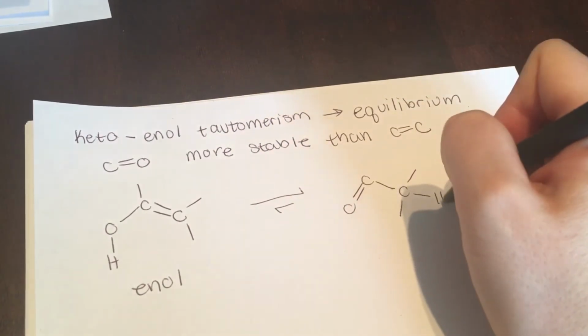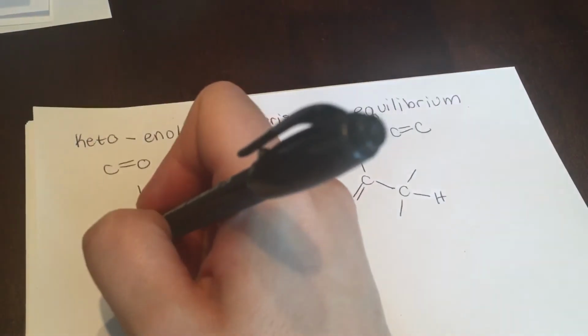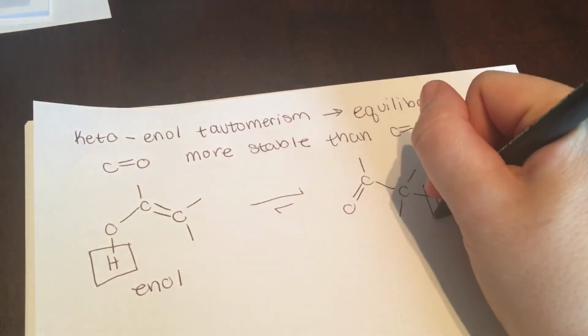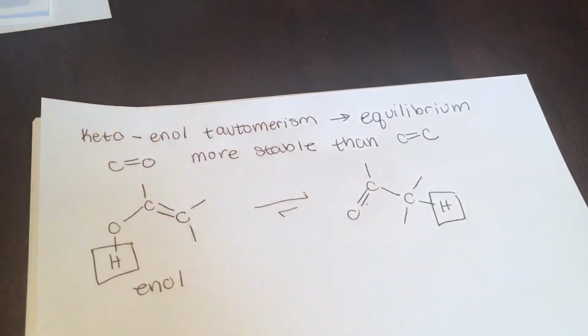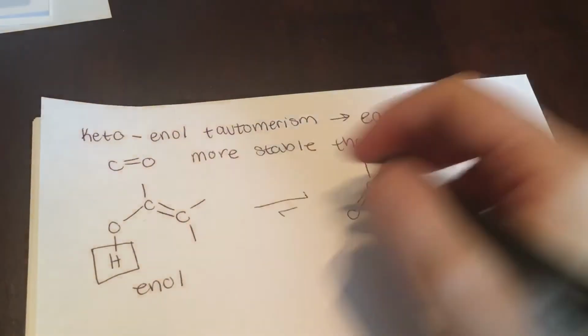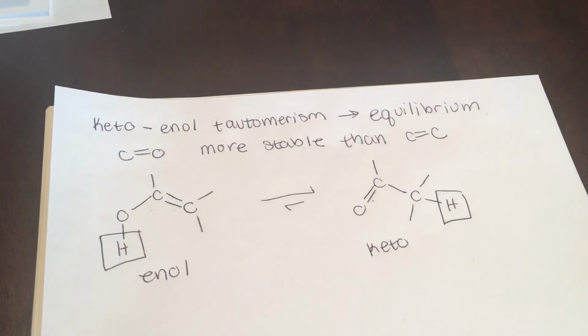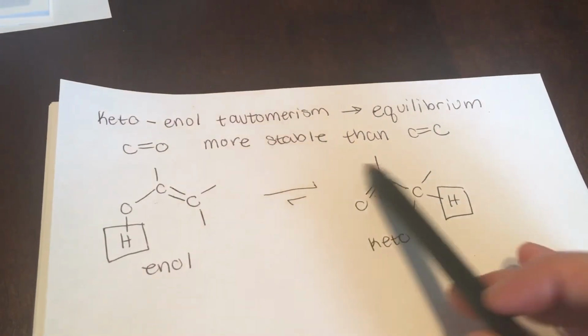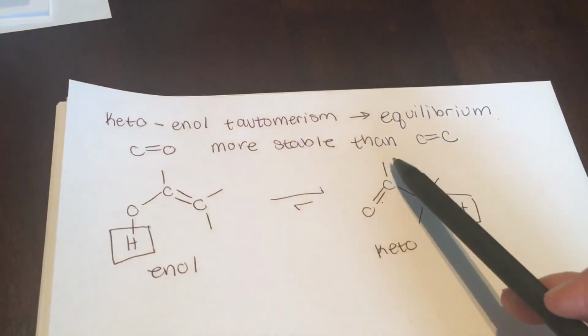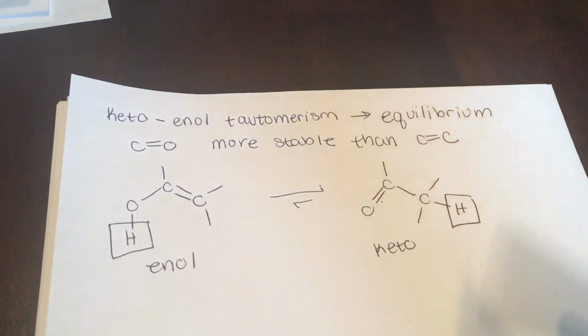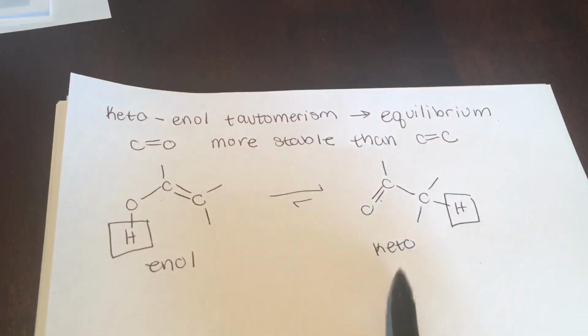So it's the placement of this hydrogen here and this pi bond. Okay, that's the only difference. So this is the enol, this is the keto. Keto just comes from ketone, which is the carbonyl. But if that was a hydrogen, it would be an aldehyde, but we would still call it the keto product in this enol-keto tautomerization, okay?